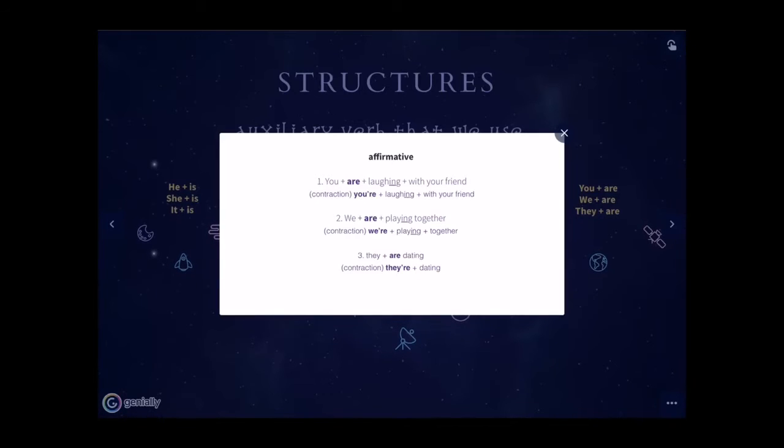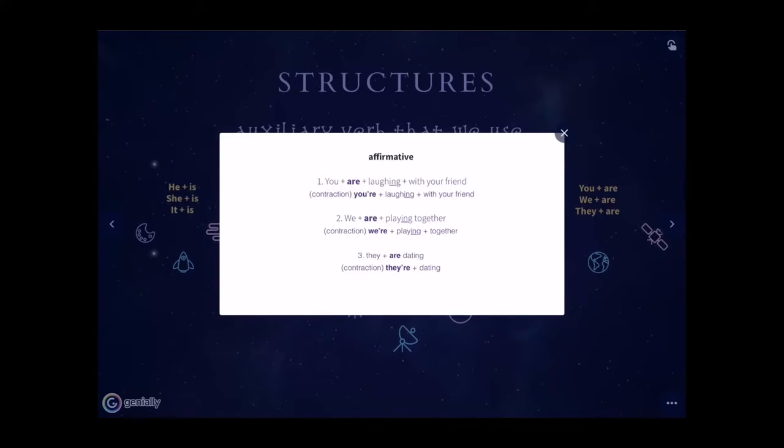And first we have the same structures as the other two. First the subject, this time you, we or they, then we add the verb be. This time the verb be is are. You are, we are, they are.